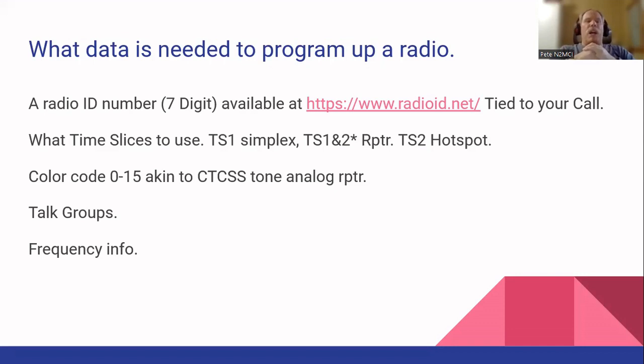And then they have a thing called color codes, 0 through 15, and it's kind of like tone squelch on a repeater. That's what a lot of people use as an analogy. But where I think it would come in handy is in the commercial world, where you have to buy a license. If you have a company with a lot of small places kind of close together, you can buy one license but have each location at a different color code, so they won't interfere with each other.